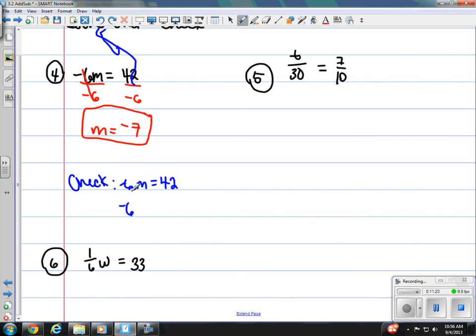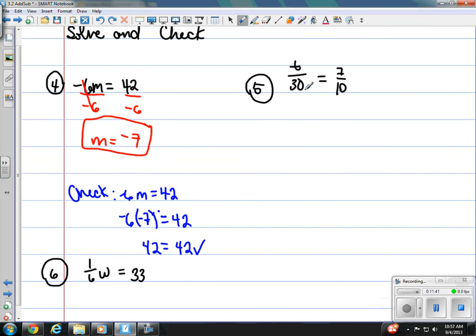So, negative 6, if they're side by side, they're being multiplied, so times negative 7 equals 42. So negative 6 times negative 7, two negatives make a positive 42. Positive 42 equals positive 42. We check.